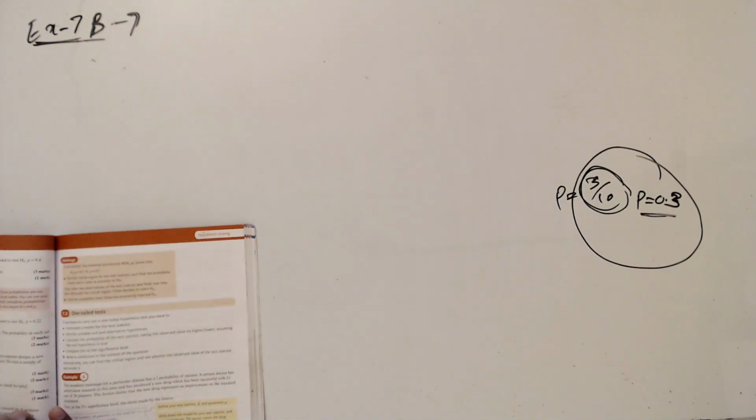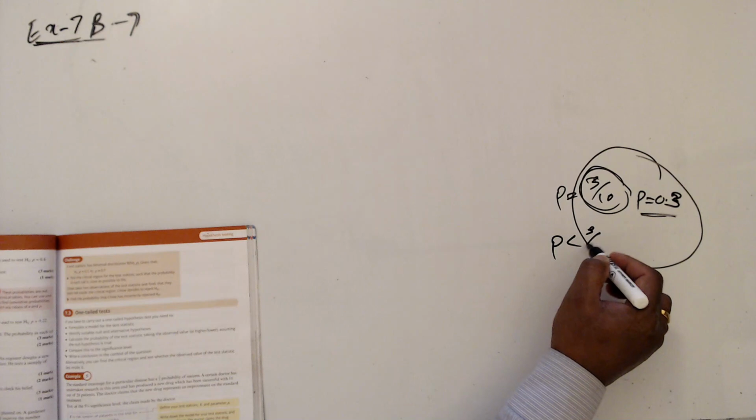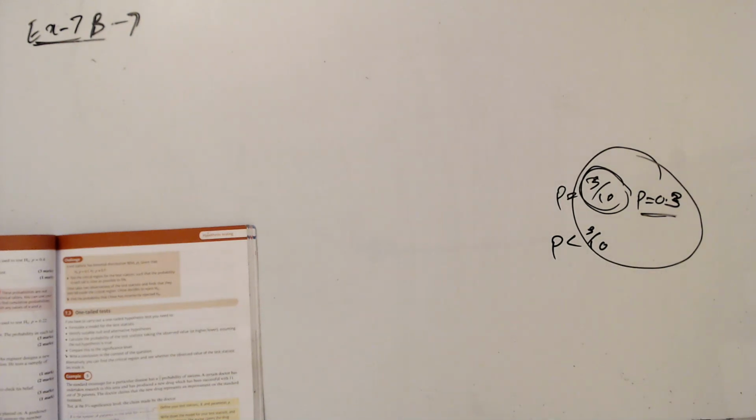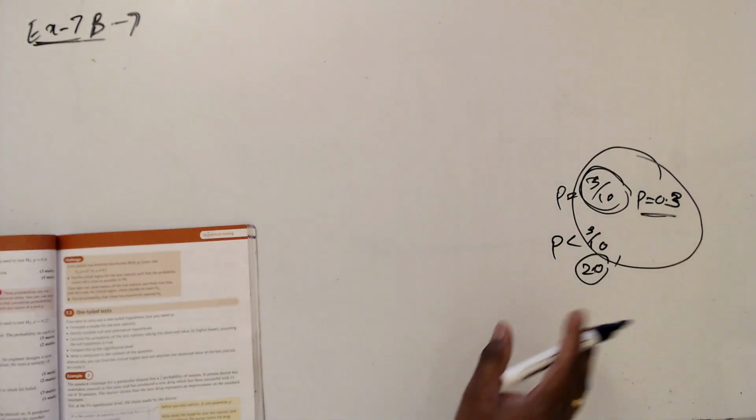An engineer designed a new system and thought that now P is less than 3 over 10; it's reduced. So he wants to check this, and takes a sample of 20. This is the setup of this question.